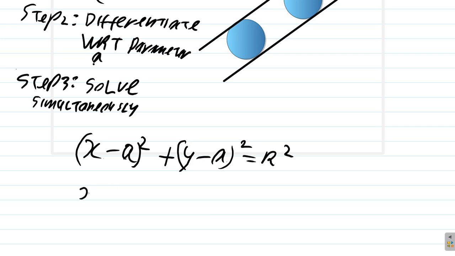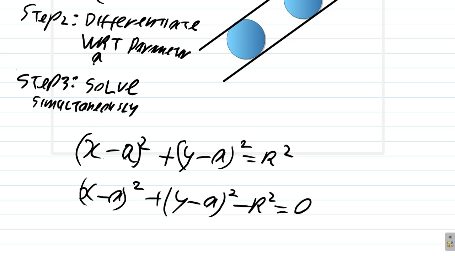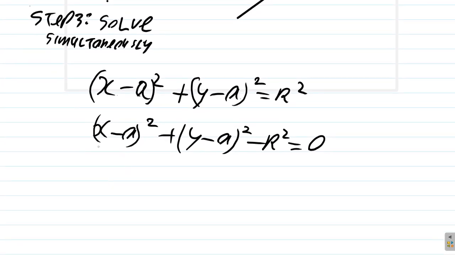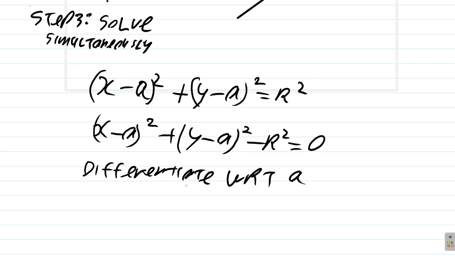All right, so we say x minus a squared plus y minus a squared minus r squared equals 0. That's step 1. That's the part where we write everything on the left, and 0 alone on the right. Differentiate with respect to the parameter. Our parameter is a. So we differentiate partially with respect to a.